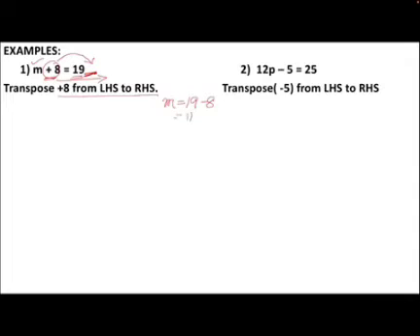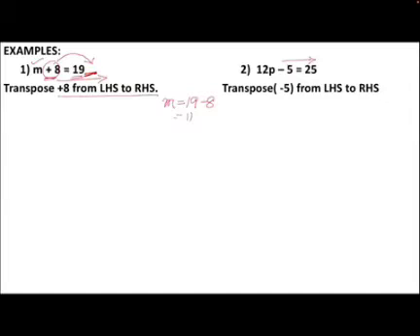Look at this example. 12p minus 5 equals 25. First what we'll do is shift minus 5 to RHS. So it will become 12p equals 25 plus 5. You all agree? Minus 5 becomes plus 5 on the right hand side. And then after shifting minus 5, you will have 12p. Now shift 12 and make p independent. So 12 will go to the denominator on the right hand side.